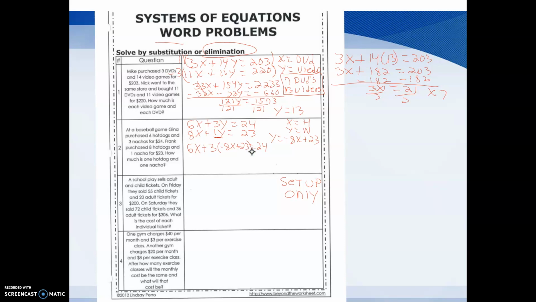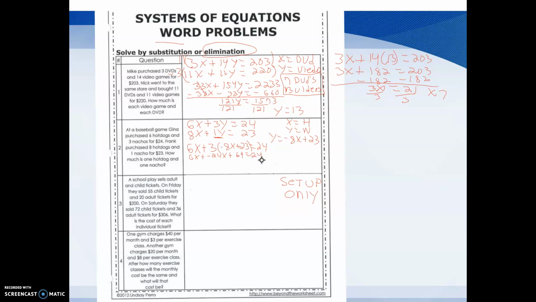So I'm just going to distribute the 3, so that's 6x plus -24x plus 69 equals 24, right? I'm going to combine like terms.